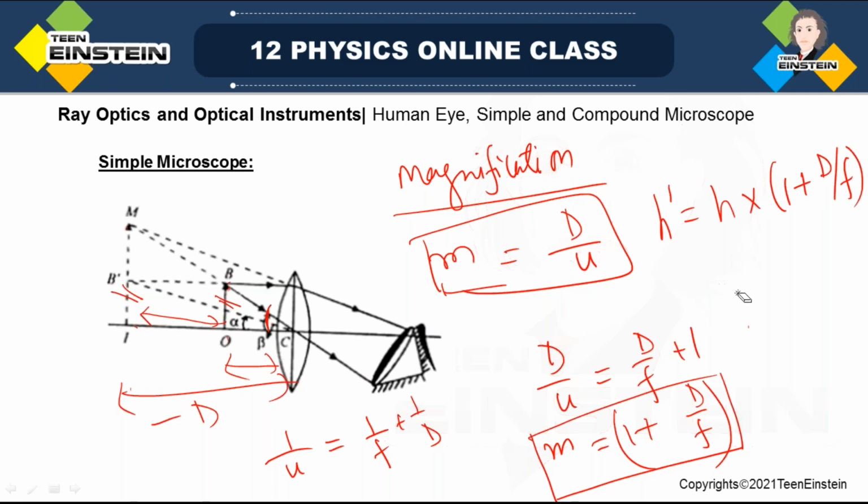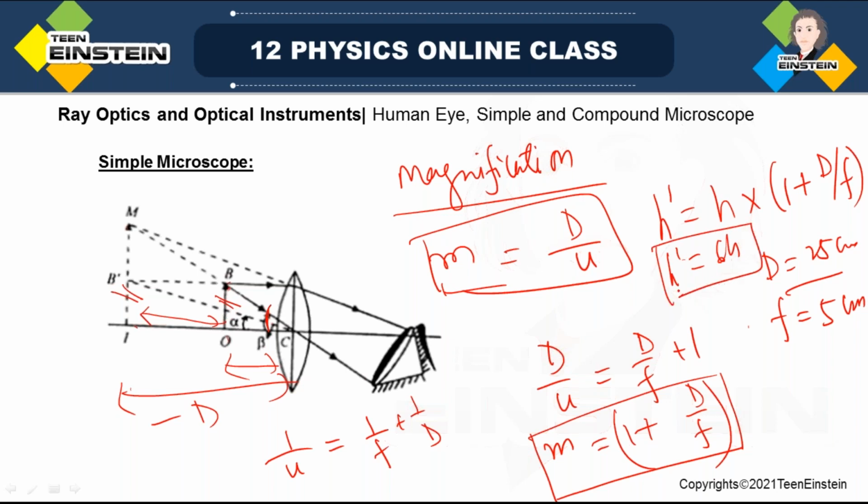So look here, D is already known, 25 centimeter. What is F? If we take F is equal to 5 centimeter, then what we get from here is actually 6h. So h prime is equal to 6h.